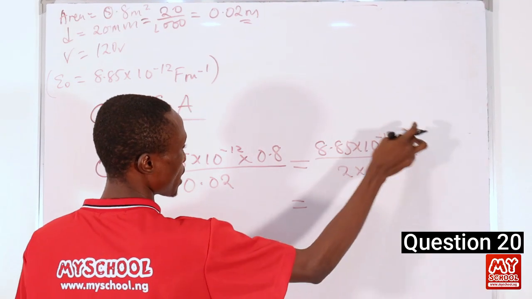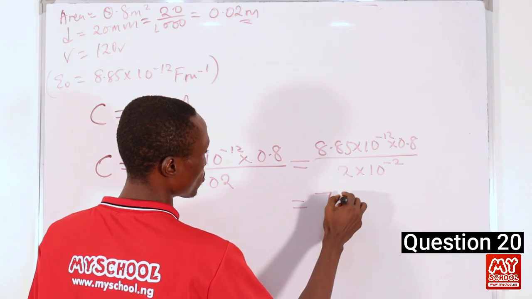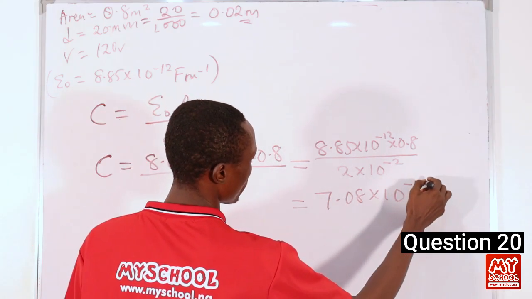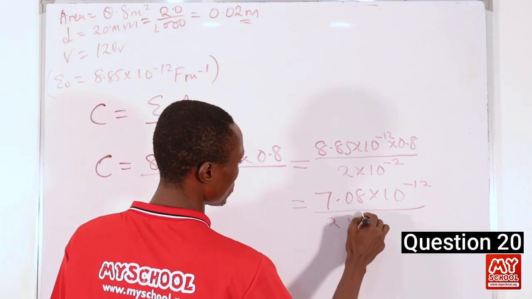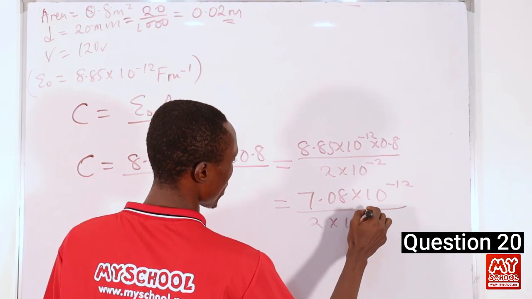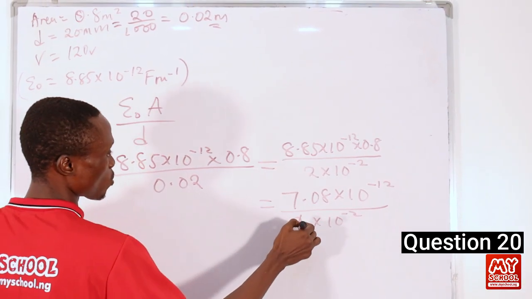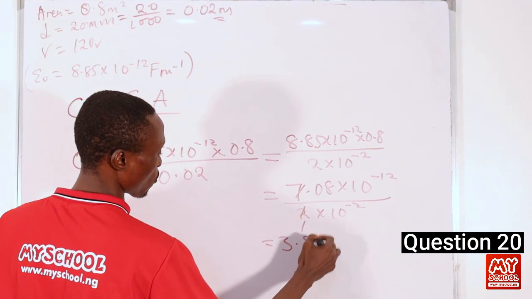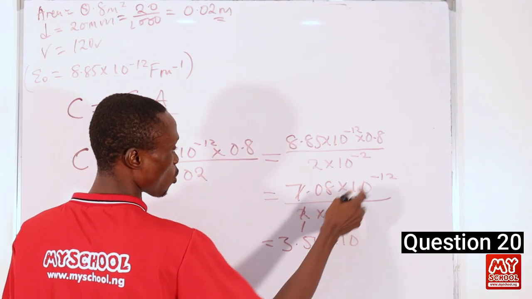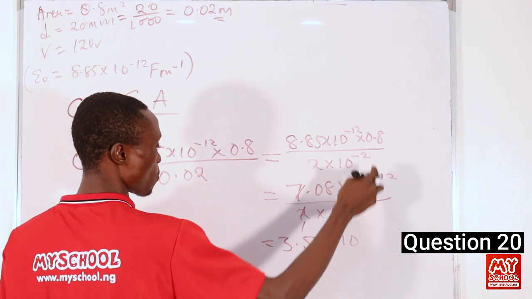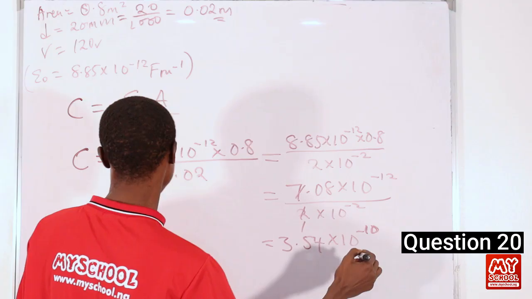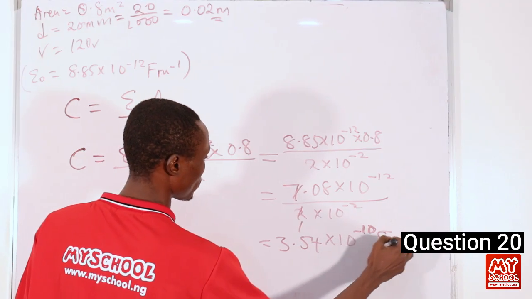Okay, so if I multiply this out, I'm going to have 7.08 times 10 raised to the power minus 12 divided by 2 times 10 raised to the power minus 2. So 7.08 divided by 2 gives us 3.54 times 10 raised to the power, applying the law of indices, minus 10. So this gives us 3.54 times 10 to the minus 10 farad.